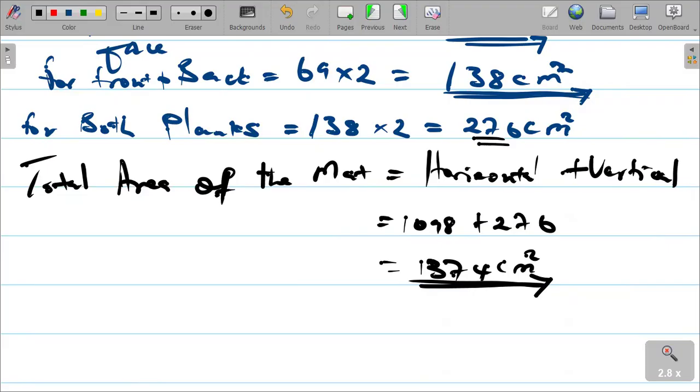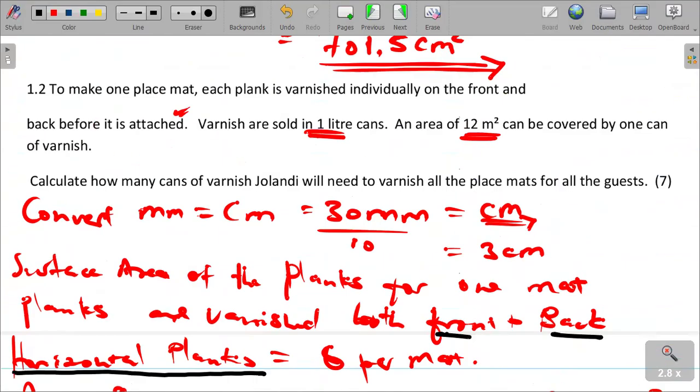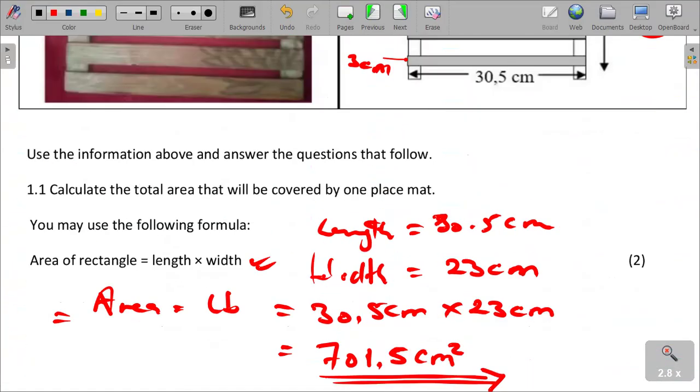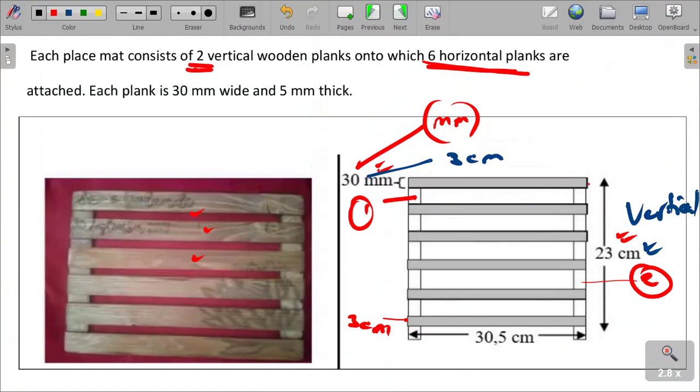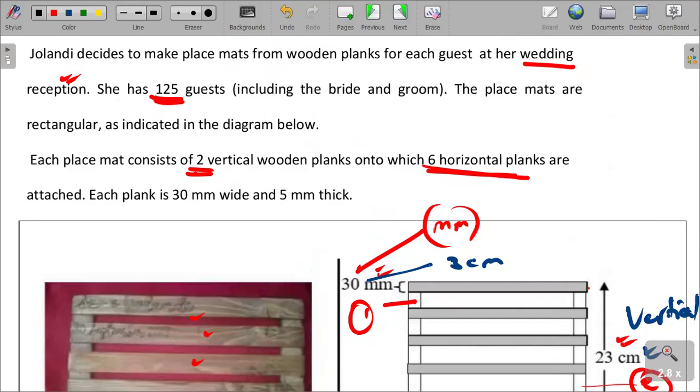So we need to calculate the total area for all 125 mats, because the mats are going to be made for 125 people. We are told she has 125 guests.